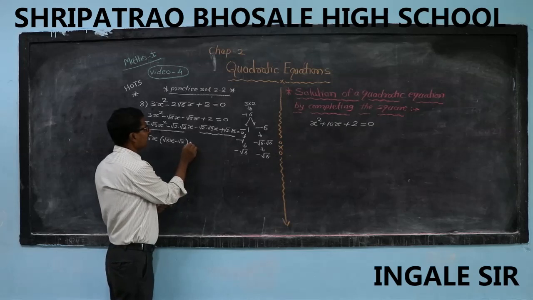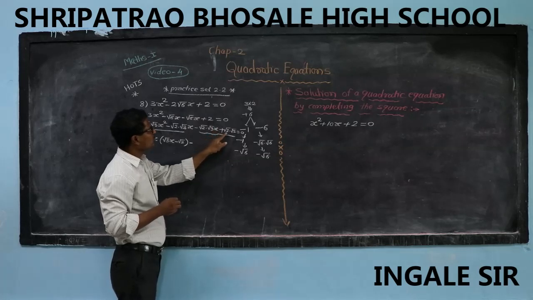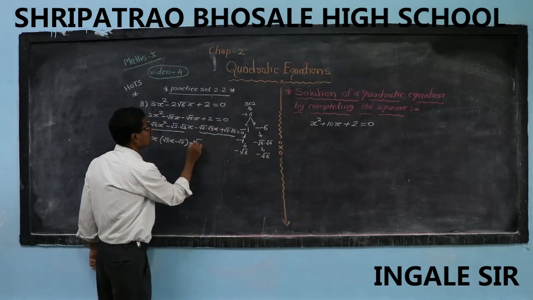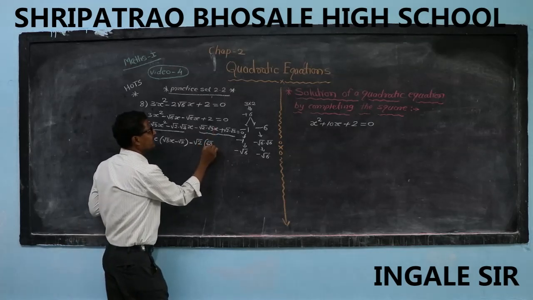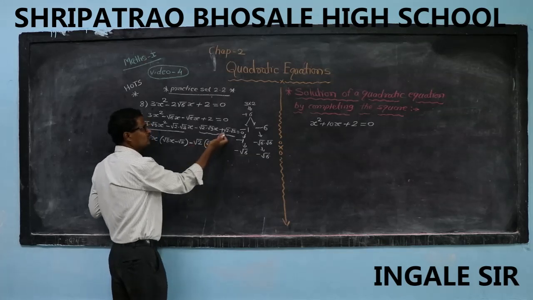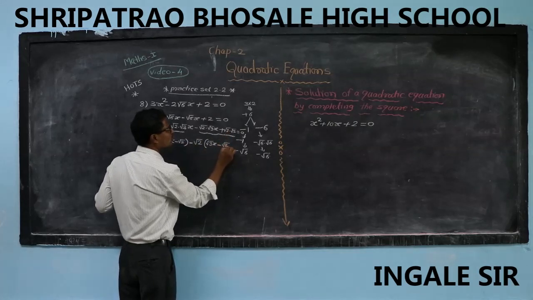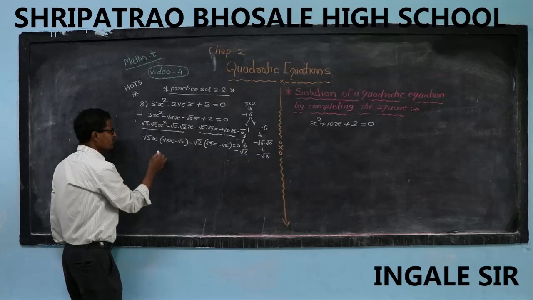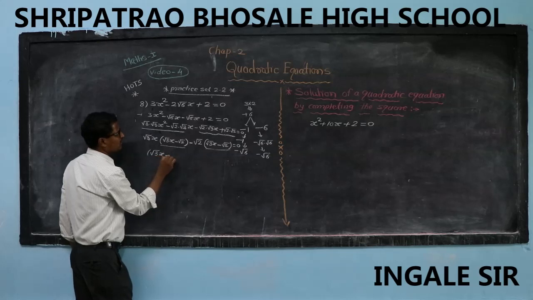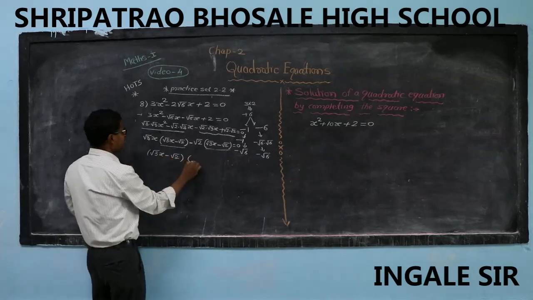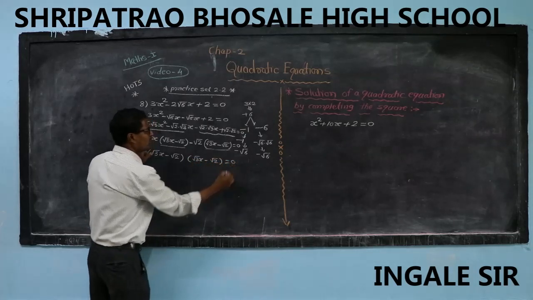Similarly, from the last two terms, we take minus root 2 common, remaining root 3 x minus root 2. So the brackets are: root 3 x minus root 2, and the second bracket root 3 x minus root 2, is equal to 0.